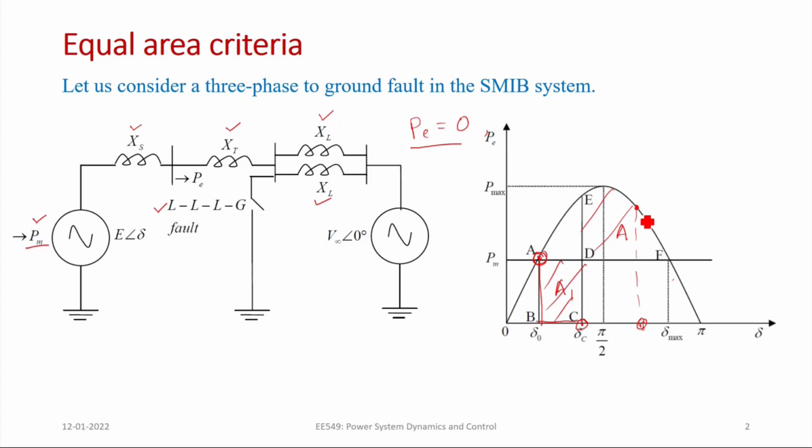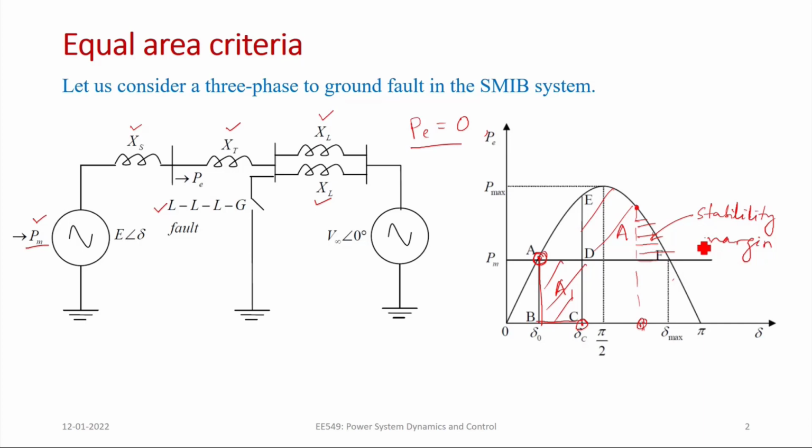This portion we call the stability margin. By definition, the stability margin is the distance of the rotor angle from the unstable equilibrium point.